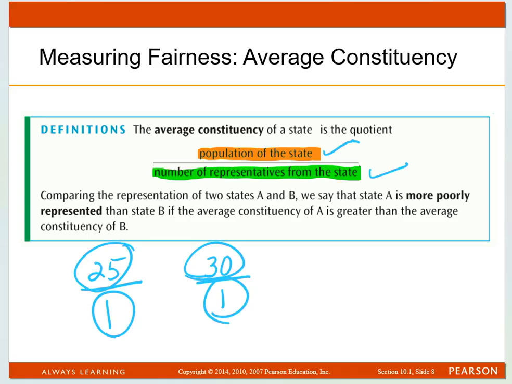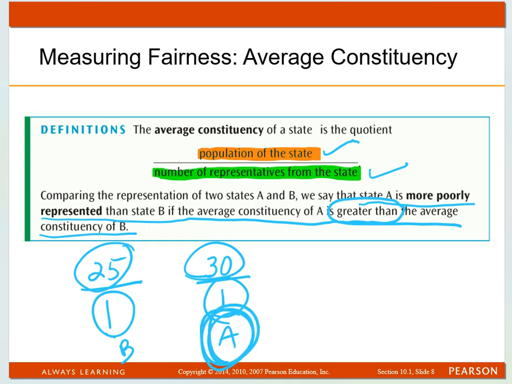So 25 divided by 1 is 25, and 30 divided by 1 is 30. So if this is classroom B and this is classroom A, we would say that A is more poorly represented than B if the average constituency of A is greater than that of B. Obviously this teacher has more kids to deal with than the other one.